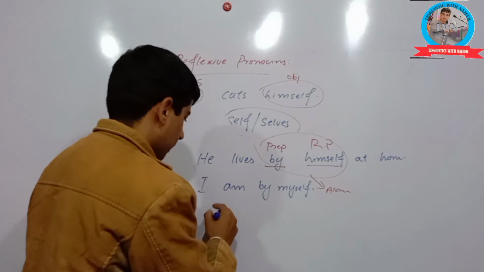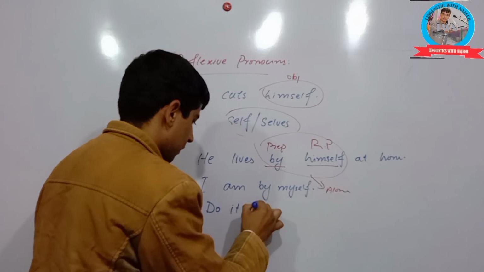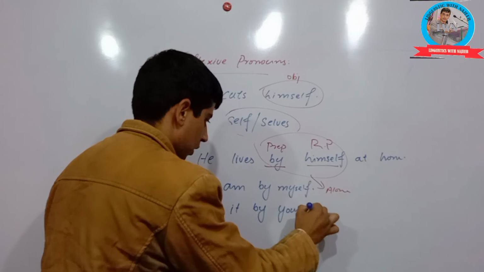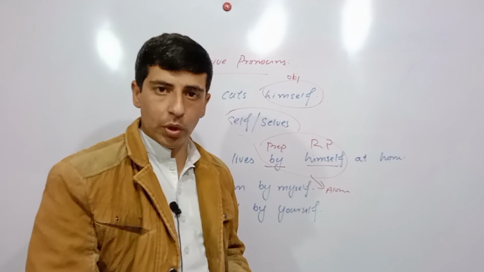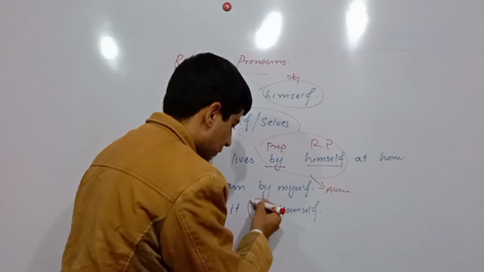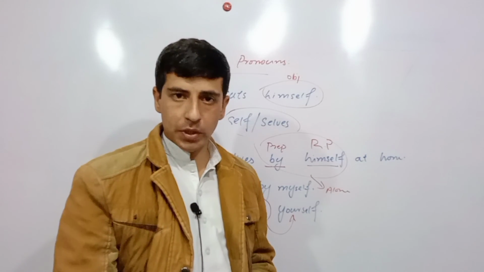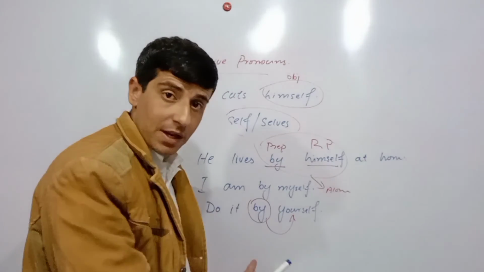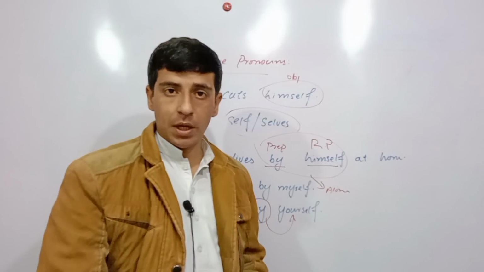Or if I tell you, do it by yourself, it means do it alone. So again, whenever we use by this preposition before the reflexive pronoun, the meaning is going to be changed totally. For example, we have different sentences, and by plus reflexive pronoun means alone.